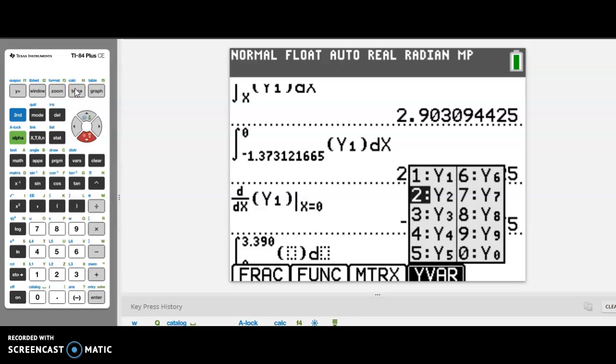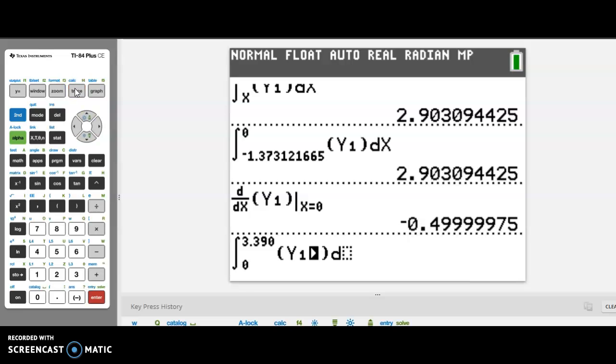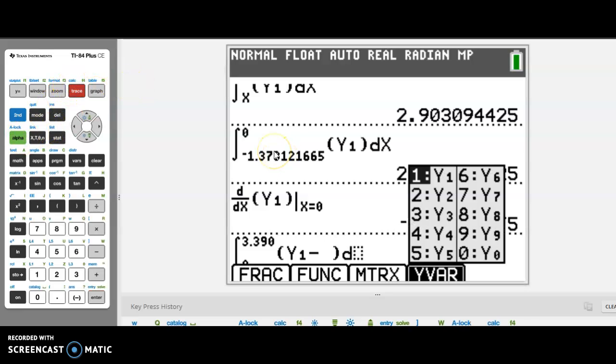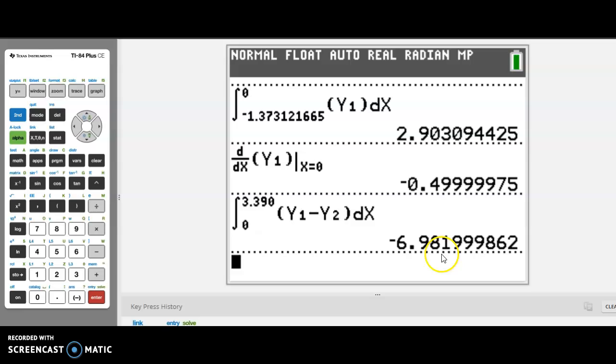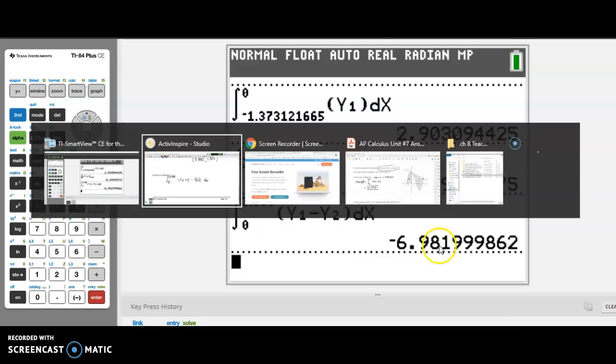Well, let me do this wrong for a second. What if I did y1 minus y2? Because I've saved the equations into my calculator in terms of x. What you'll notice is you'll get a negative area. The way to fix that, because area needs to be positive, is that I should have done y2 minus y1, so it would have been 6.982.